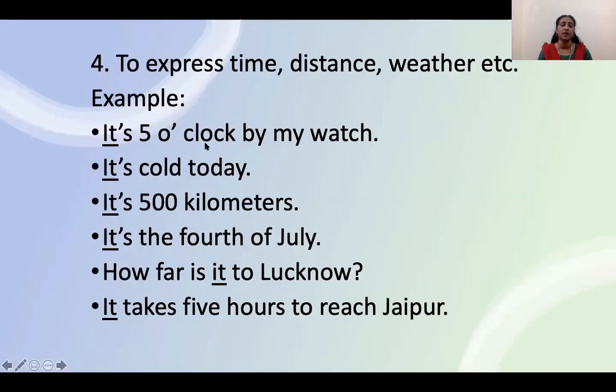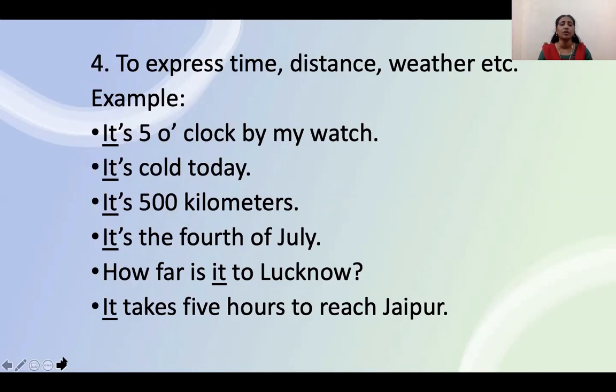And the fourth one is sometimes to express time, distance, weather, etc. We use it. Example: It's 5 o'clock by my watch. So we are talking about the time. And sometimes we talk about weather. It's cold today. So we use it.